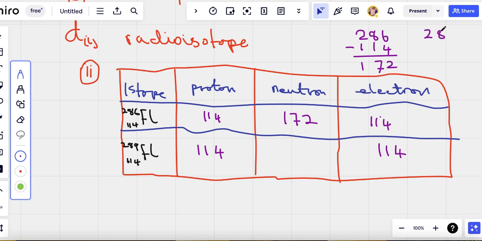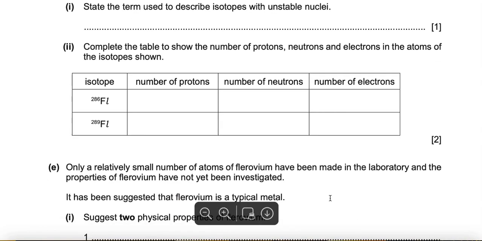Although, let's show it. 289 minus 114: 9 minus 4, you get 5; 8 minus 1, you get 7; 2 minus 1, you get 1. So this is 175. So you fill this up, you get these marks. You get 2 marks for doing this.